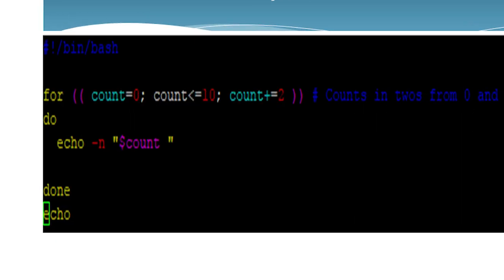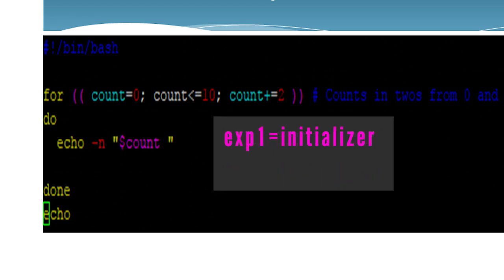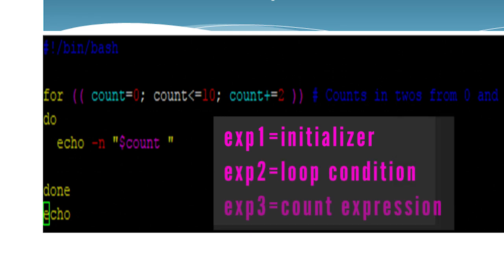Then an example: for double parentheses, count equals 0, semicolon. So we're creating a variable and starting it at 0. Count is less than or equal to 10, semicolon. Count plus equal 2. So we're going to increment the value of count by 2 for every iteration of this for control structure.